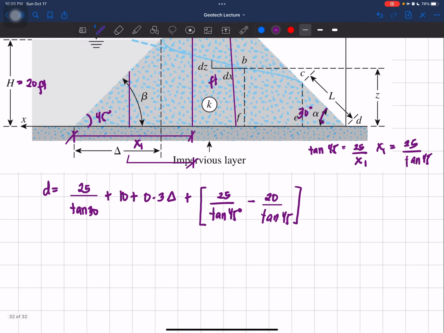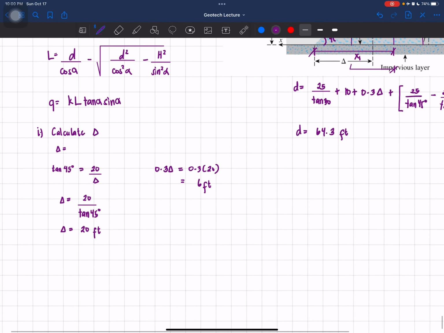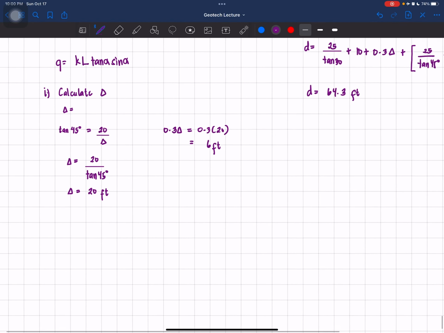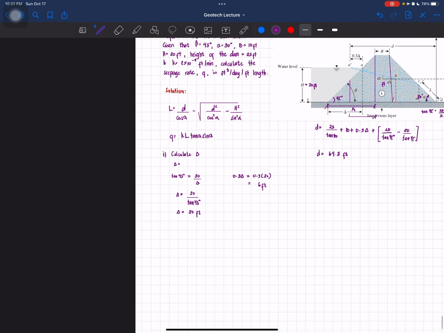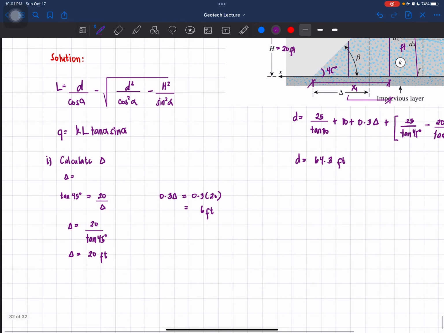So let's now compute for the D. D now is approximately equal to 64.3 feet. Okay? So once we have already the D, we can solve for the L. So we can calculate now for the L, given our D.